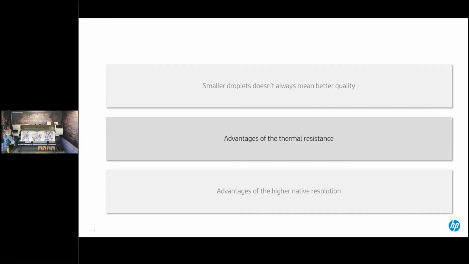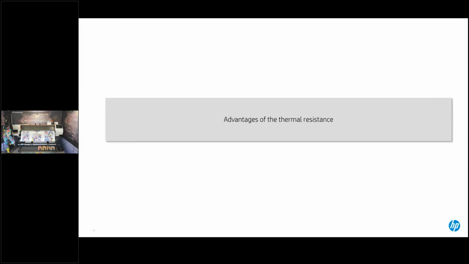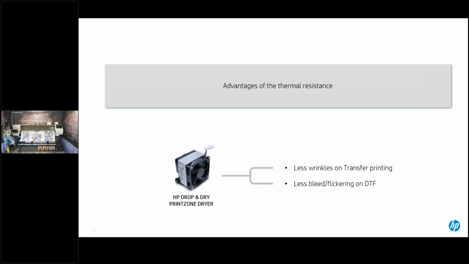So the advantages of being thermal resistant, we talked about that, as that was one of our pros for the Thermal Inkjet Printhead, is we can start adding the heat a lot sooner in the printing process. We'll look at this when we go on to the printer as well, but the drop and dry prints on dryer that we have, we are actually applying the heat in the print zone as it's printing.